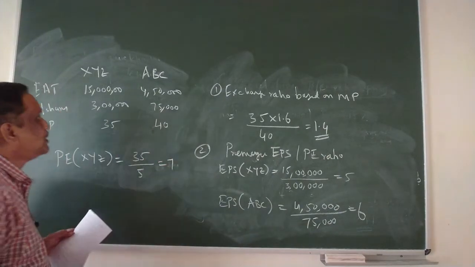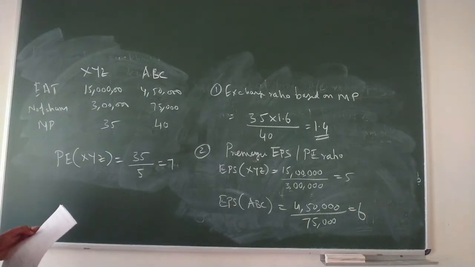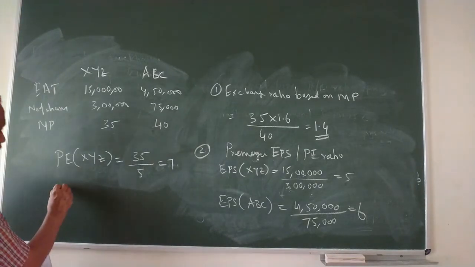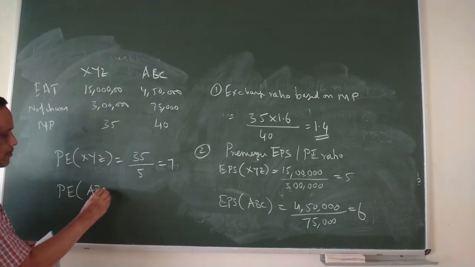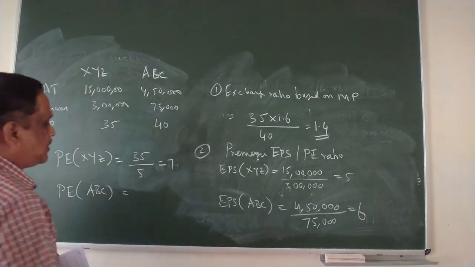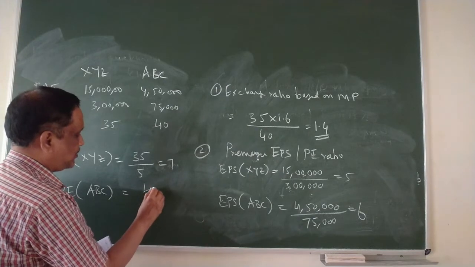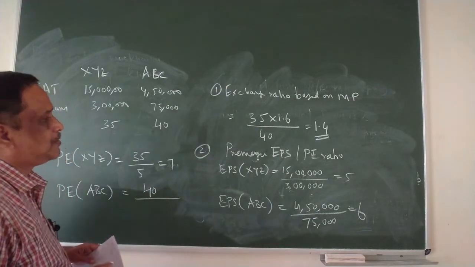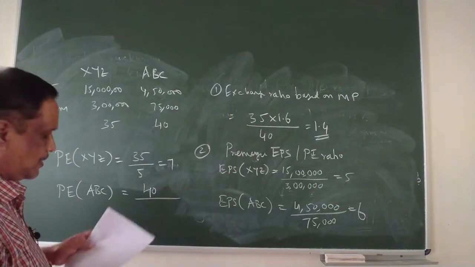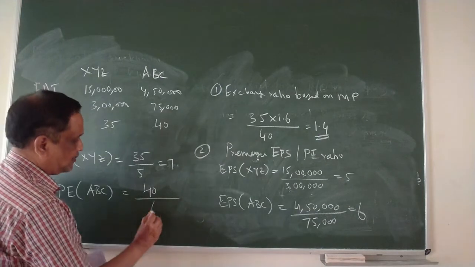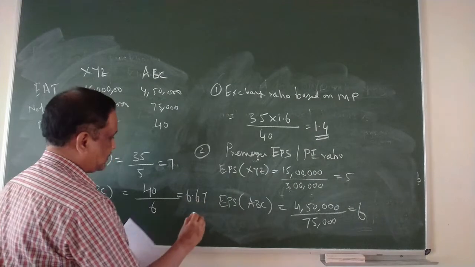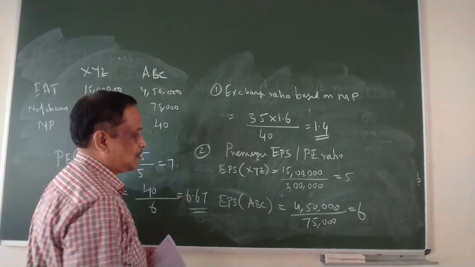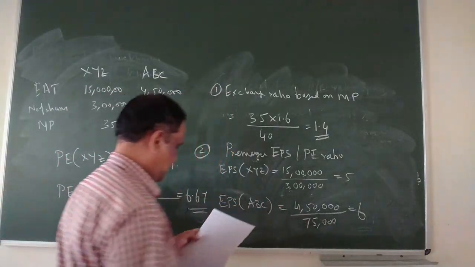PE ratio of XYZ is 7. PE ratio of ABC will be, again, market price 40 for ABC divided by earnings per share 6, so you will get the answer as 6.67. Okay. So the second problem is done.